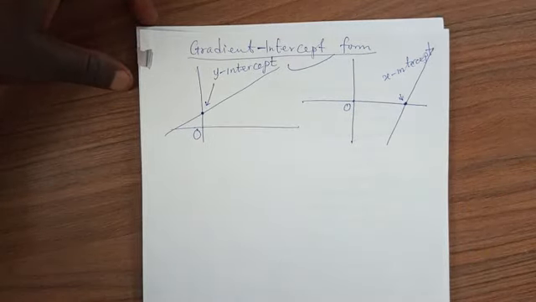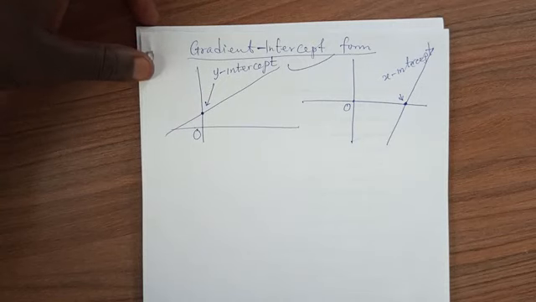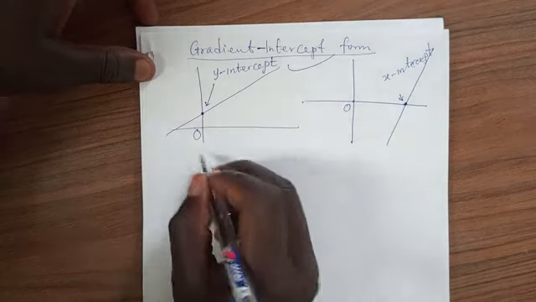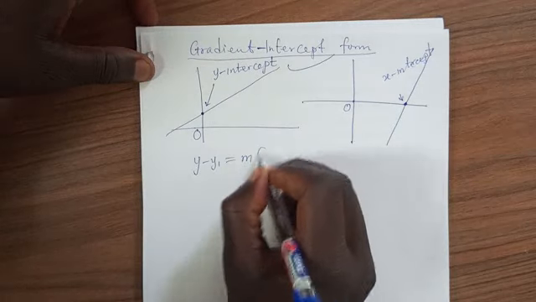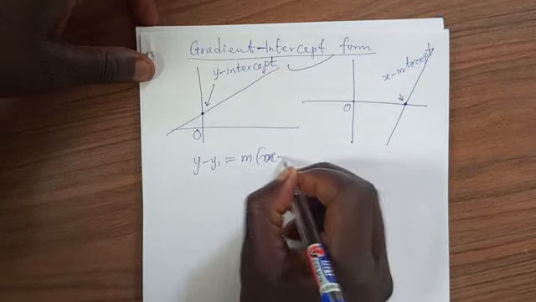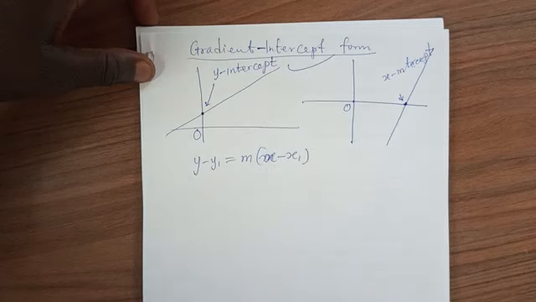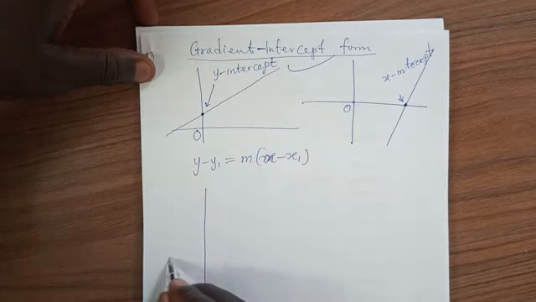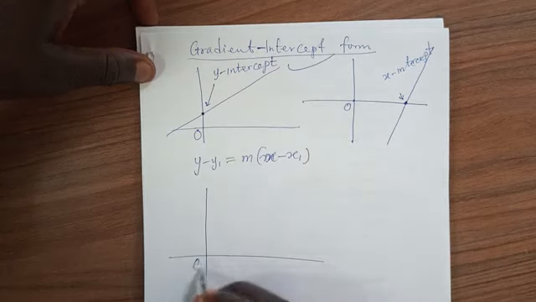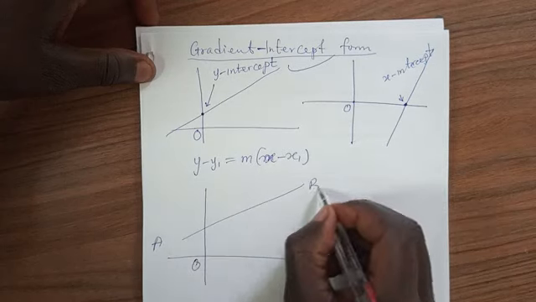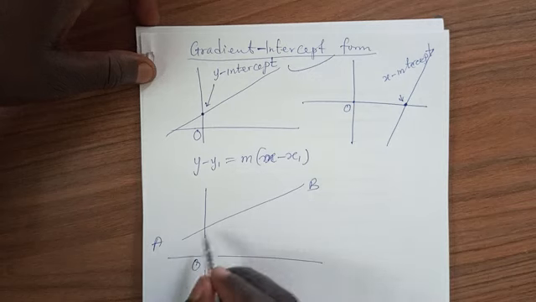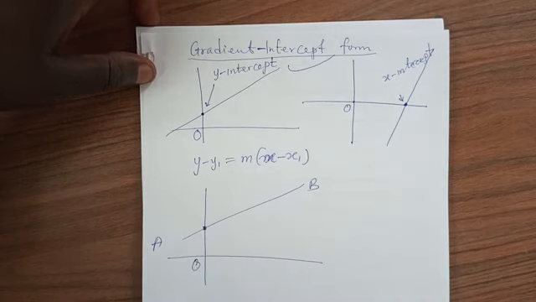So, going by the previous equation, the equation of the one-point form, we have y minus y1 is equal to m into x minus x1. Now, suppose that this line AB crosses the y-axis where x is at the origin.